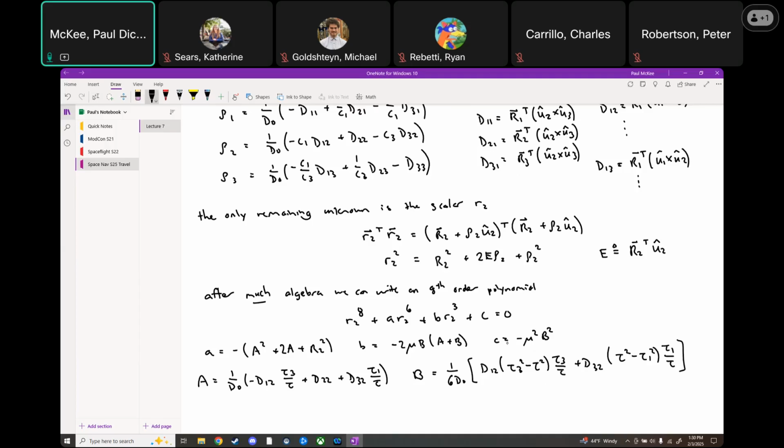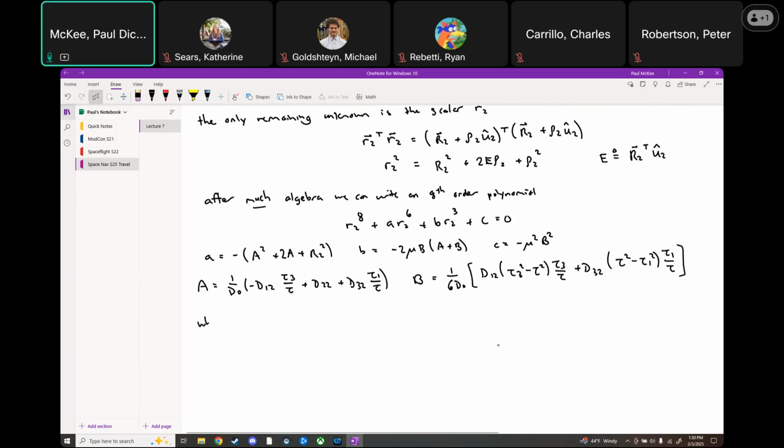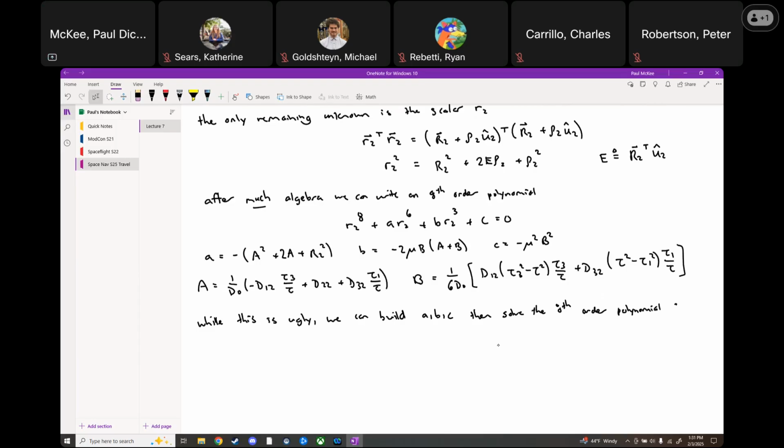While this is really ugly, we can find a, b, and c, and we can build this 8th order polynomial, and we can solve this 8th order polynomial for R2, the scalar value.